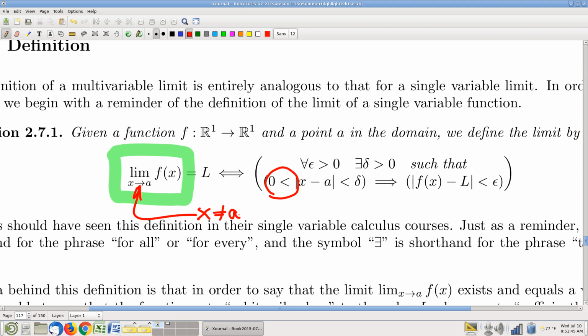Right? So it's never equal to a. And where this tends to come up is if you find yourself dividing by x minus a, that's a situation, we're dividing by something? If we're dividing by something, what if it's 0? If it's 0, we've got big problems, oh no. Right? Not here, you don't. If you're taking a limit as x approaches a, x minus a is never 0. And you may divide by it at your leisure.